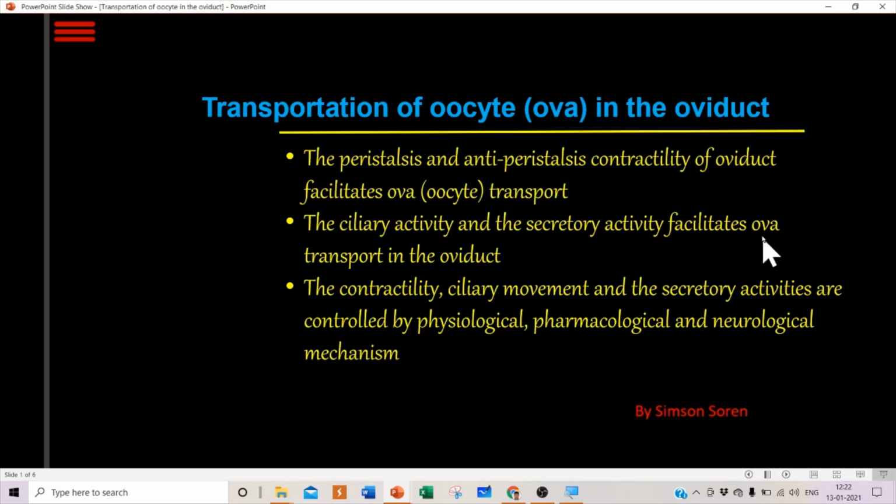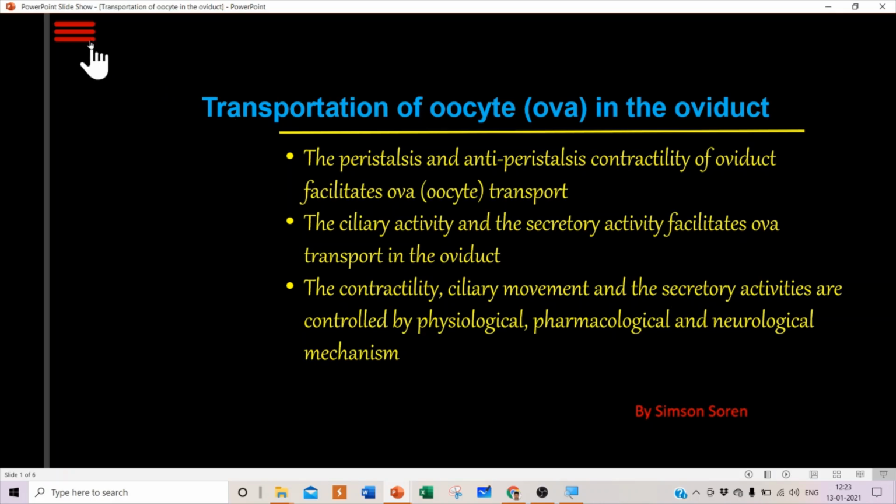The contractility, ciliary movement, and secretory activities are controlled by physiological, pharmacological, and neurological mechanisms.